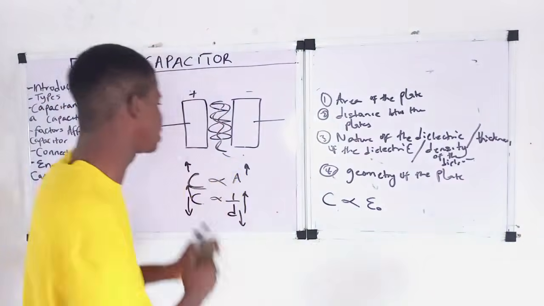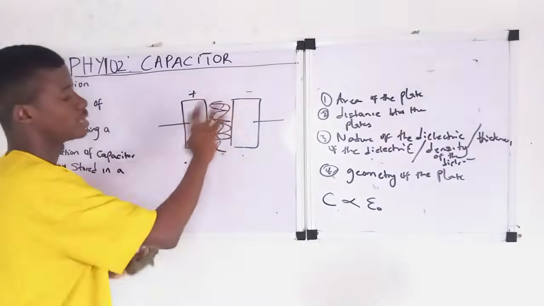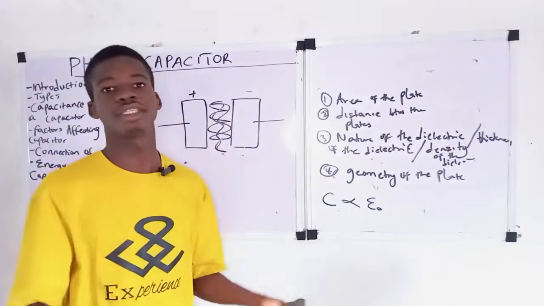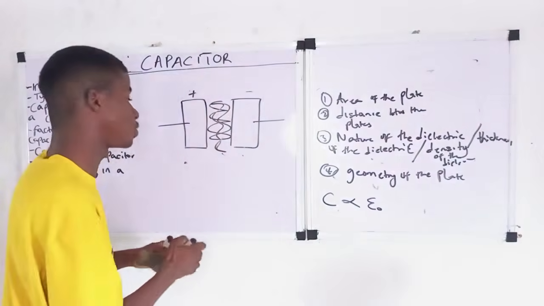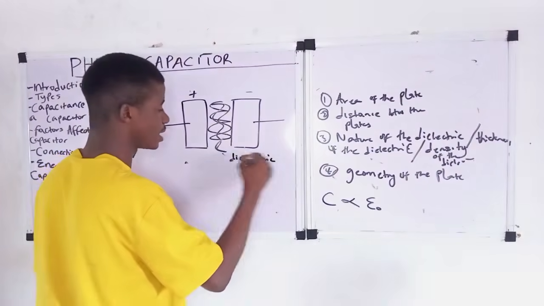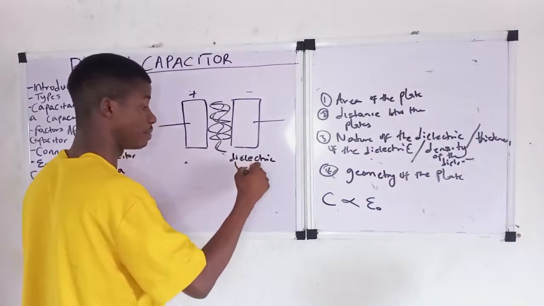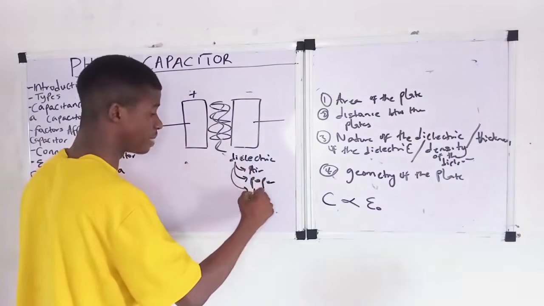Now let me break it down. Remember, I told you guys that the dielectrics are insulating materials, right? Found between the two plates of a capacitor. The dielectric can be air, it can be paper, it can be glass.